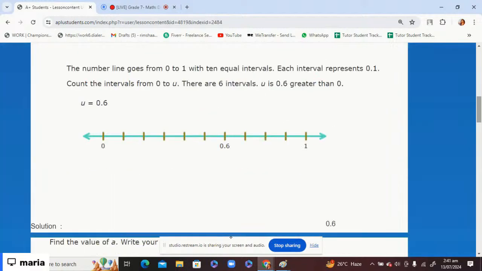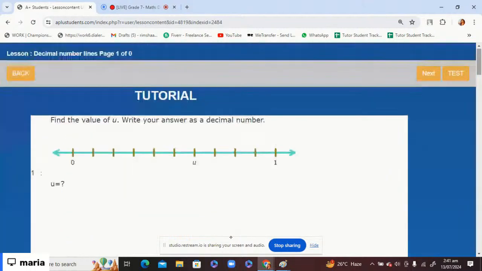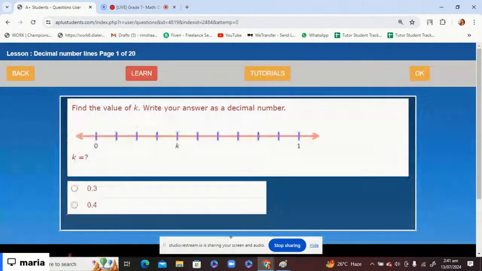Now let's do the test questions. What is k here? Everyone tell me, think about it. It's 0.3 or 0.4. Count the small lines over there and then tell me.